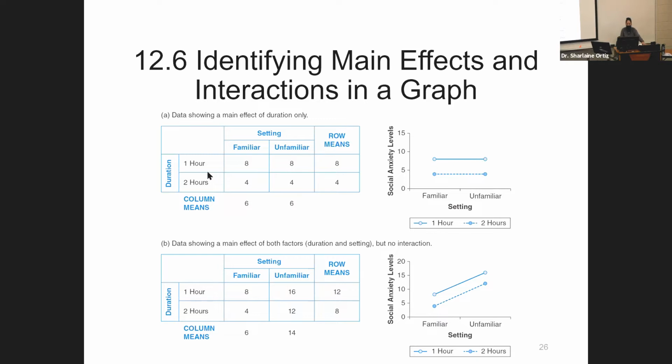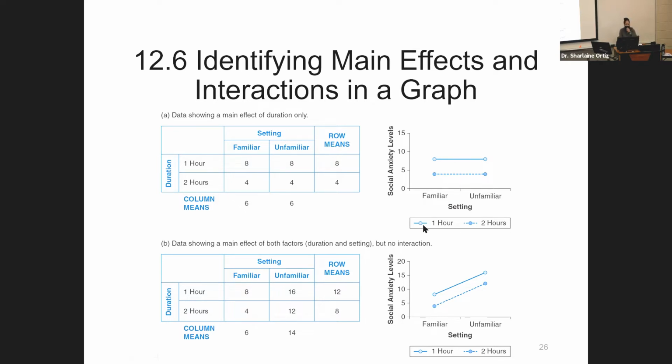If they had to be in a setting that was unfamiliar for 1 hour, they had the same amount of social anxiety, an anxiety score of 8 and another anxiety score of 8. And this only represents an hour.